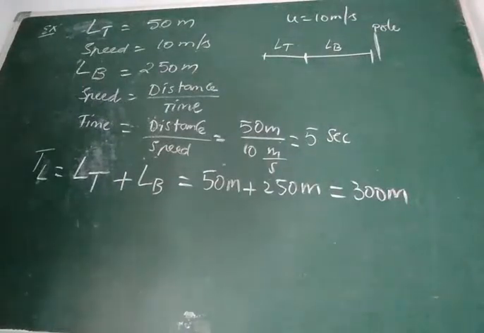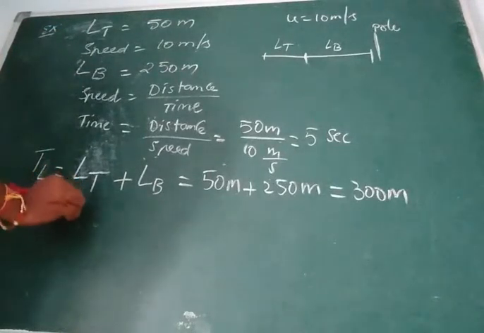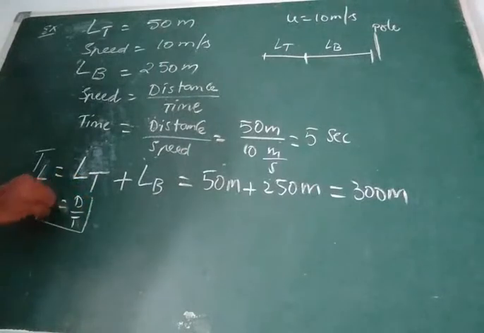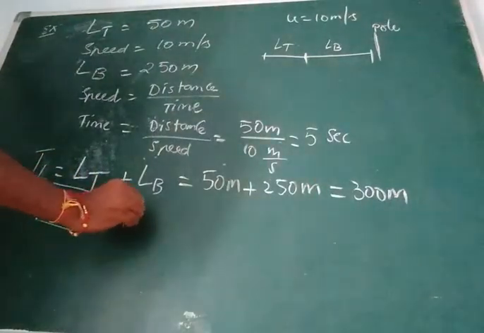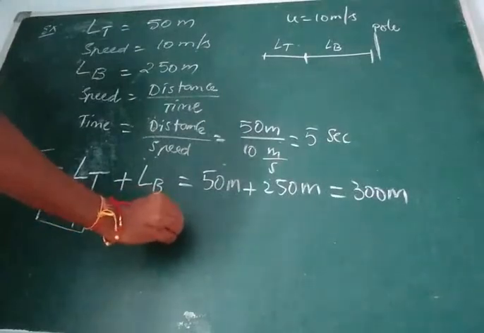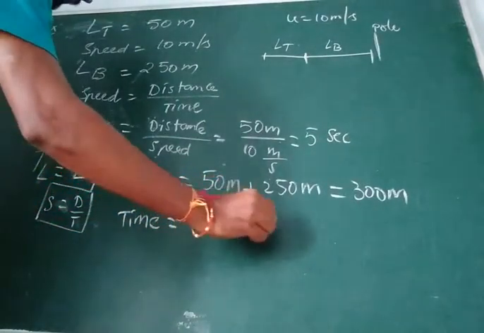So speed is equal to distance by time. By using this formula, we have to calculate the time taken by the train to cross the pole. So time taken is equal to distance by speed.